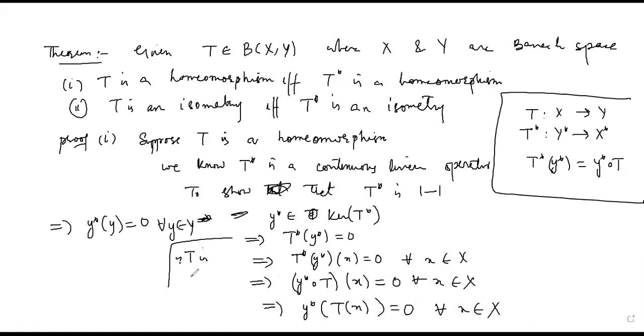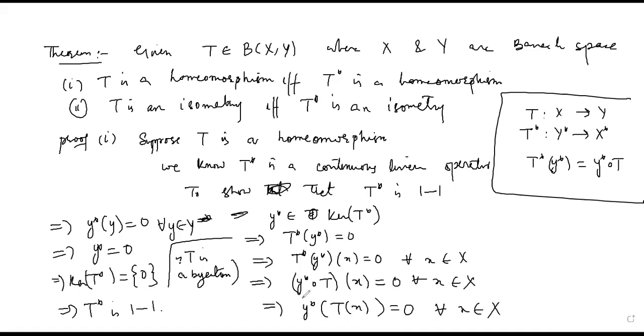T is a homeomorphism, so T is a bijection. The homeomorphism has to be a bijection, of course, which implies that y star is the 0 operator, which means the kernel of T star is just the singleton 0. Of course, which implies T star is 1-1 because it's linear. So this part was easy.